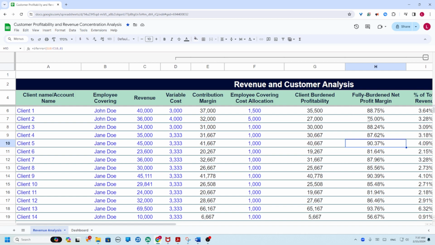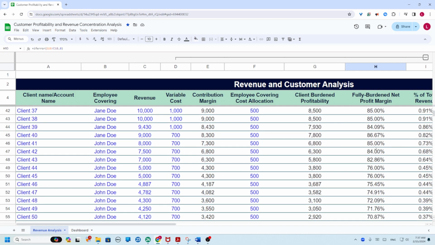In terms of profitability. Any client below 70%, we might try to figure out, okay, should we find ways to increase our revenue and maintain our costs where they are to service this client? Or should we allocate less resources, right? So a lot of these clients actually below 70 are below 10,000, right?